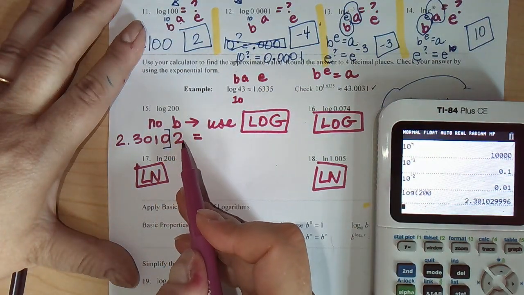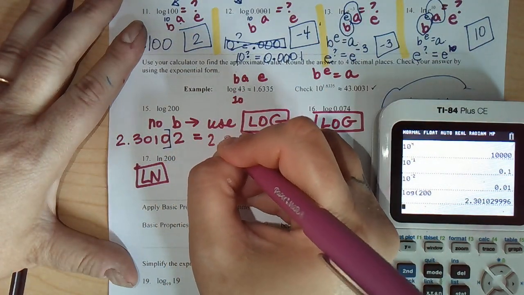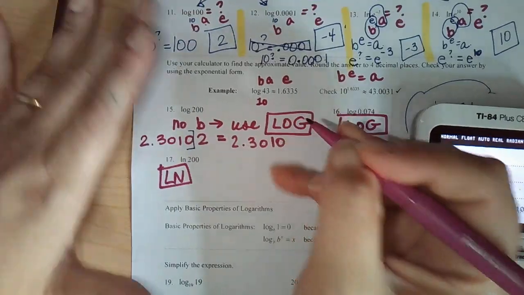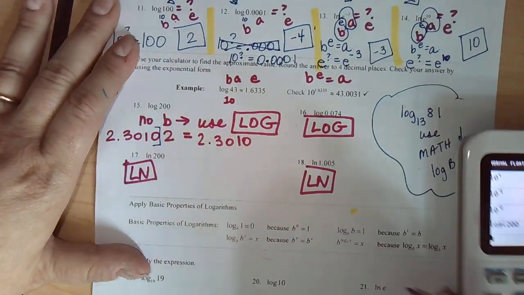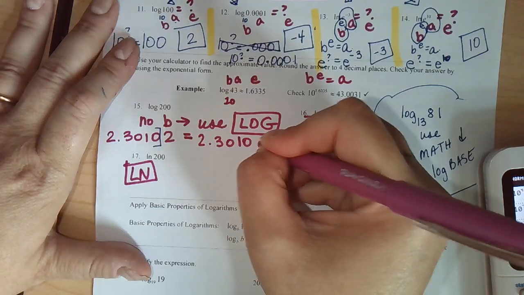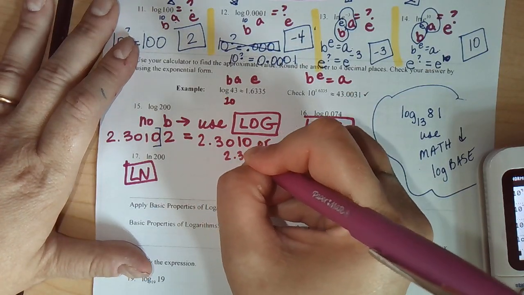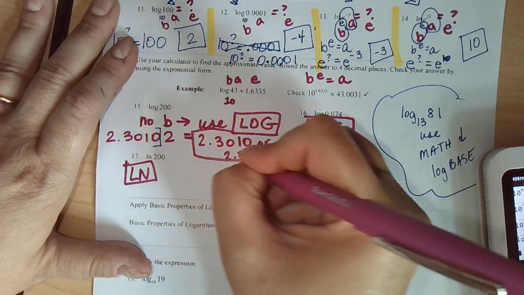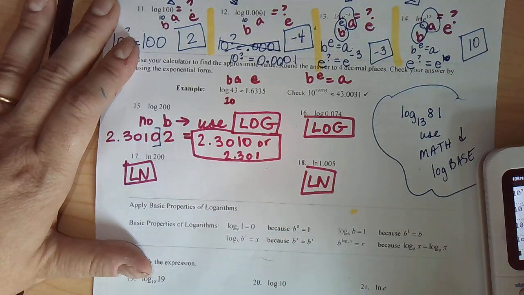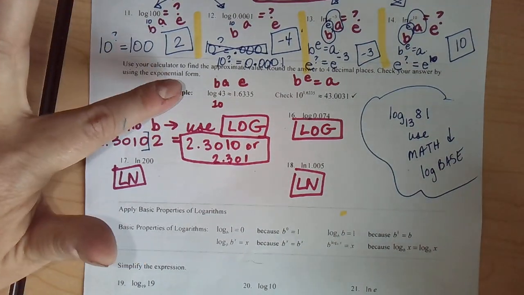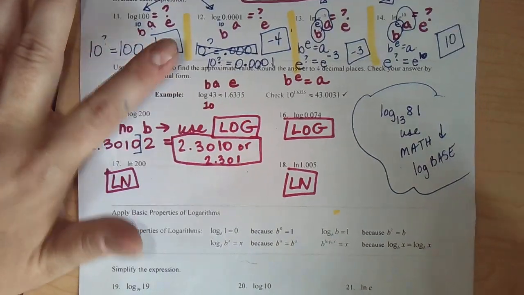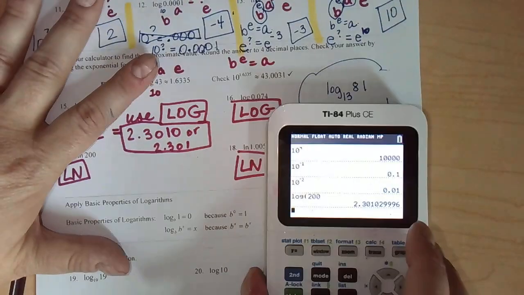That 2 is 4 or less, so we're going to let it rest. And that 2.3010, you could probably just put 2.301. Hey, we just evaluated it, or we used our calculator to find the approximate value. Okay, let's look at 16.